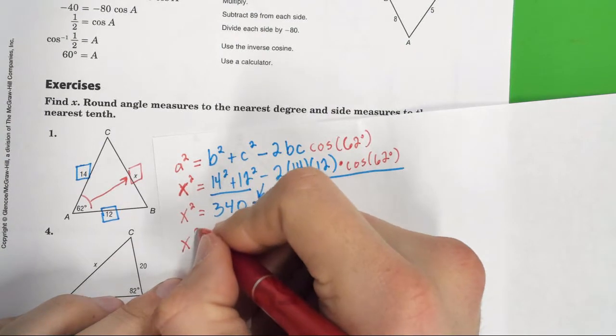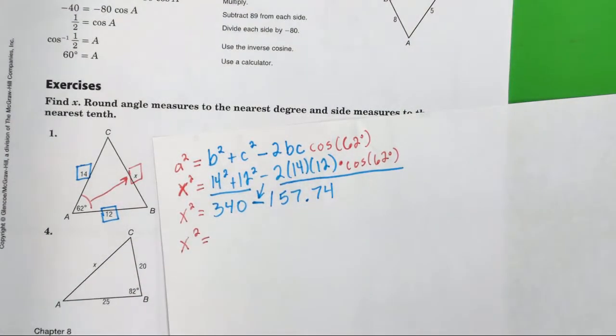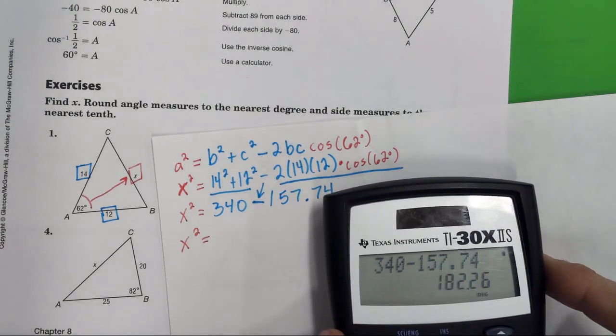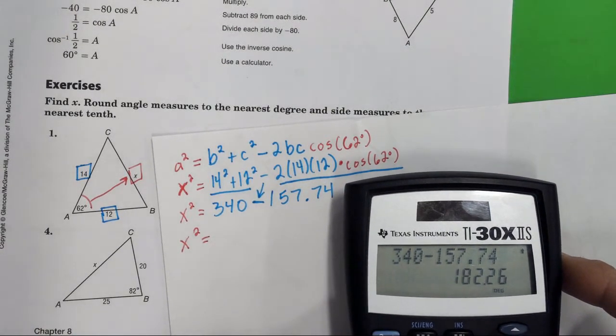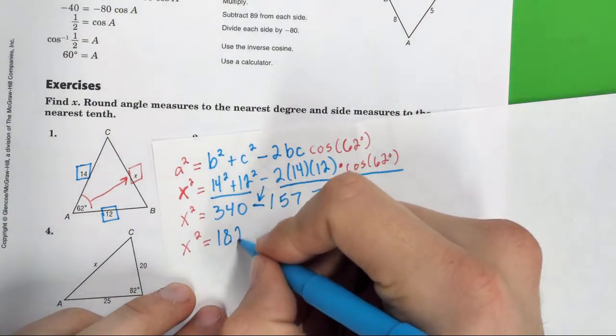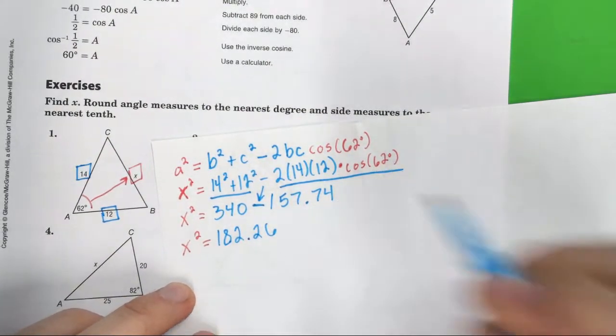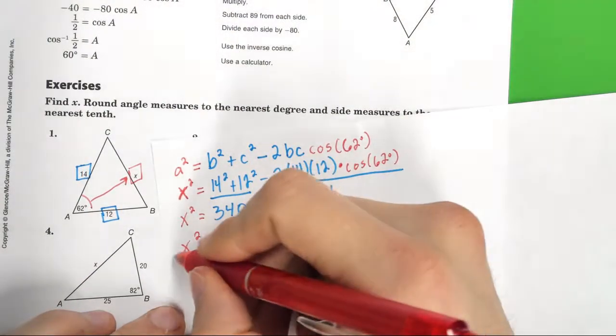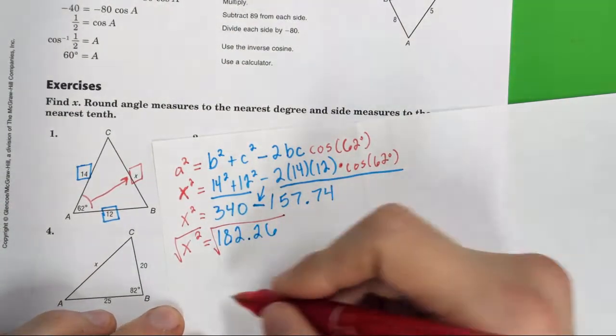Bring down x squared. 340 minus 157.74 equals, I subtracted those two numbers there, and I got 182.26. So, last step. Find the square root on both sides.